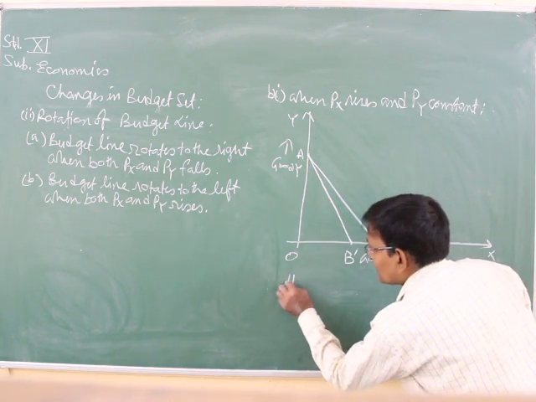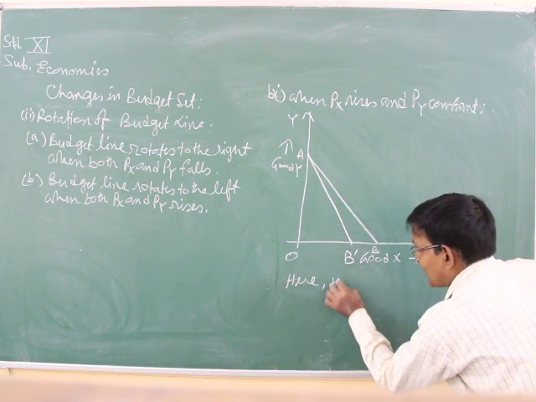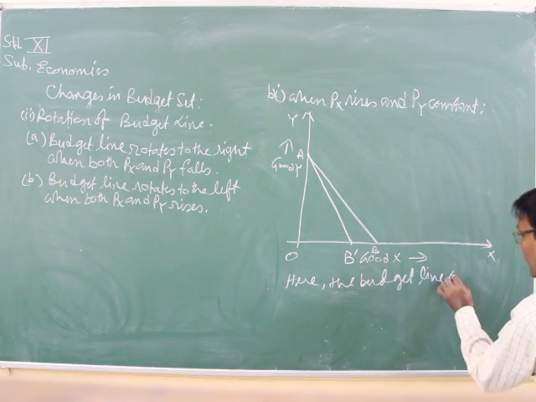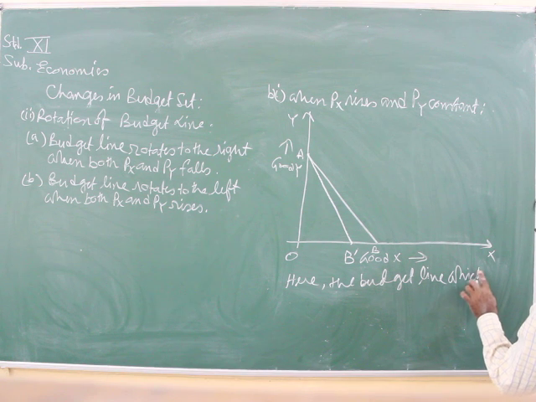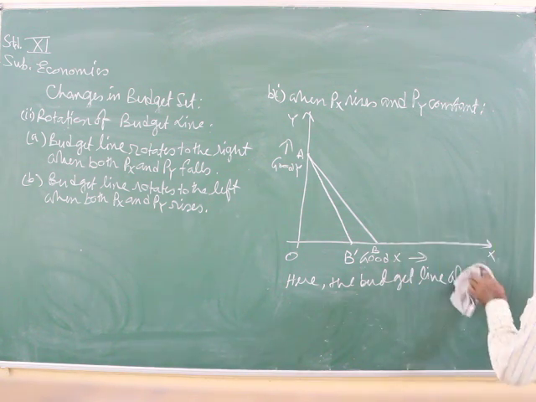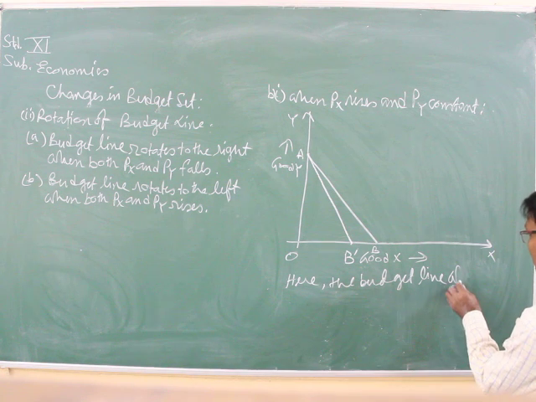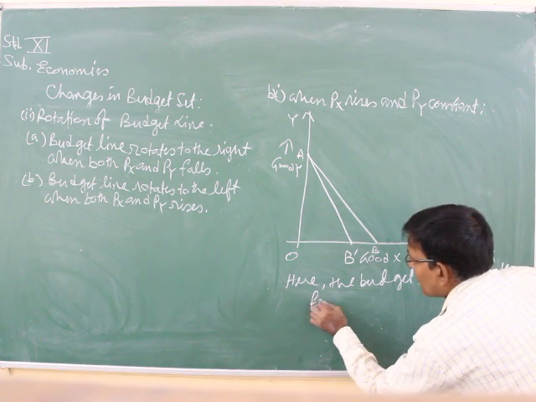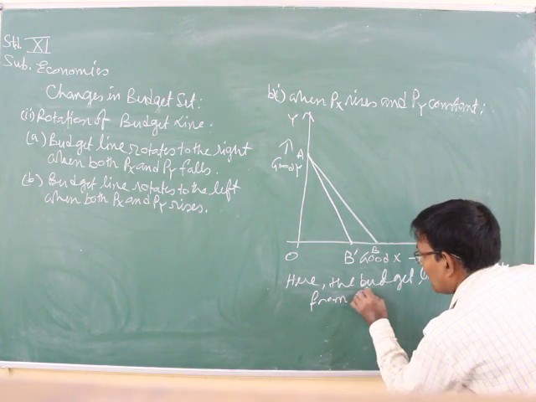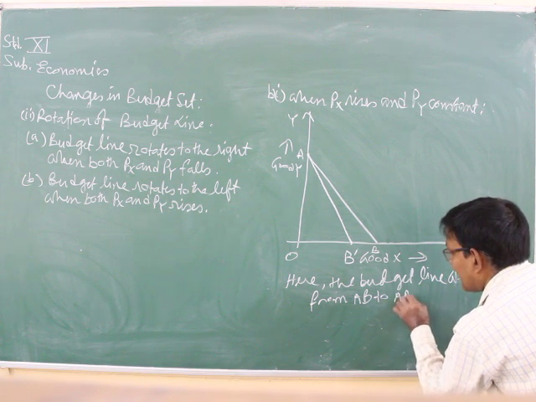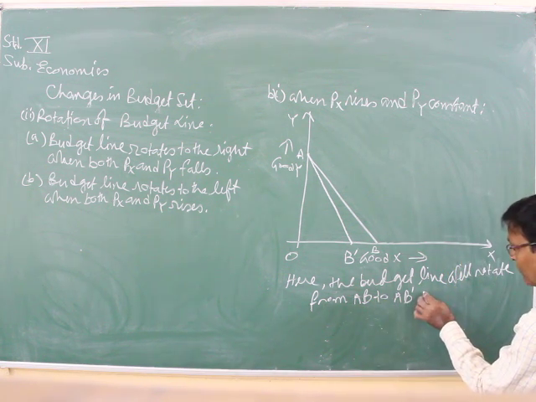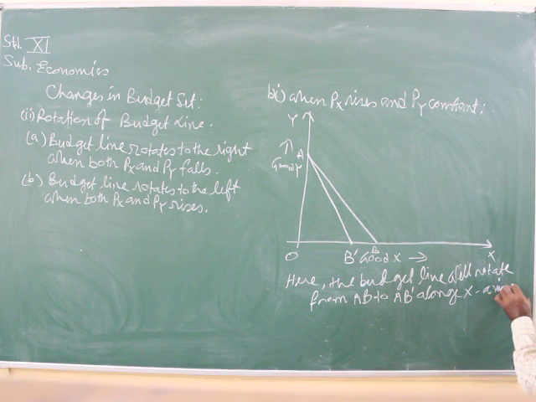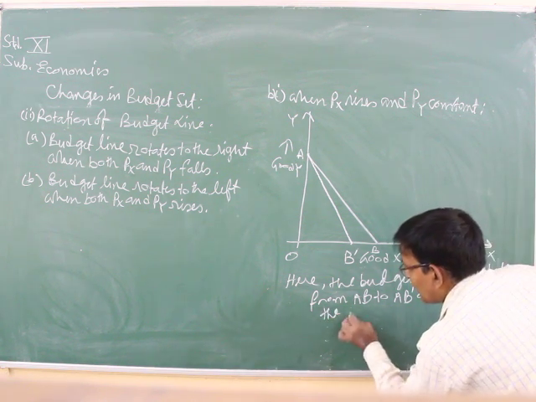So here the budget line will rotate from AB to AB dash along x-axis to the left.